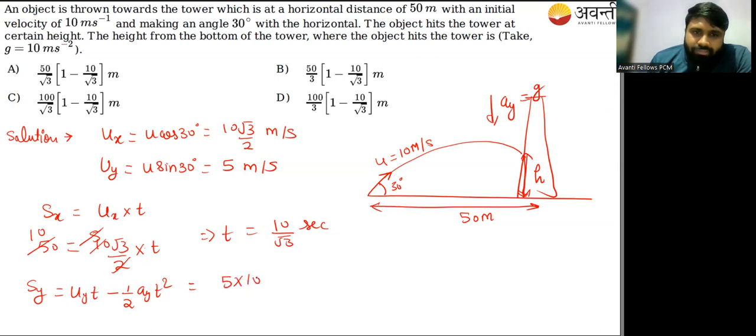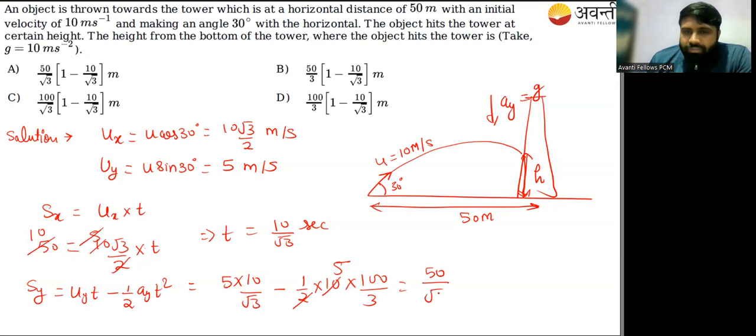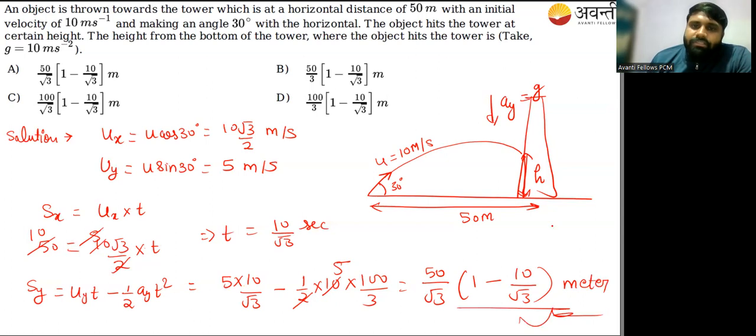Time is 10 by root 3, minus 1 by 2, 10 into t square, which is 100 by 3. Taking 50 by root 3 common, you have 1 minus 10 by root 3 meter. This will be the height at which this object will strike the tower.